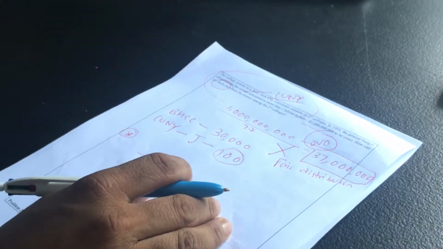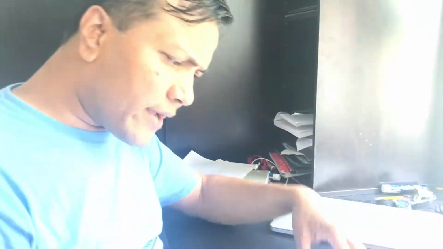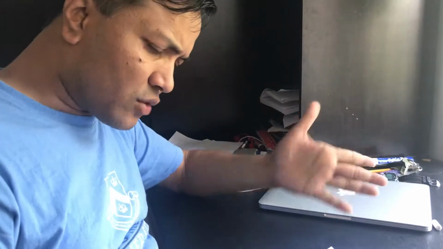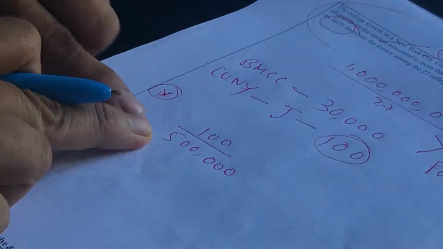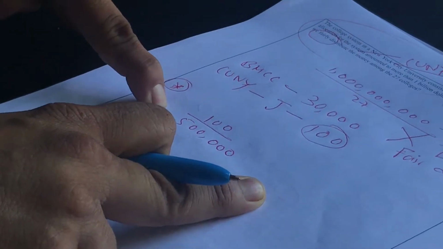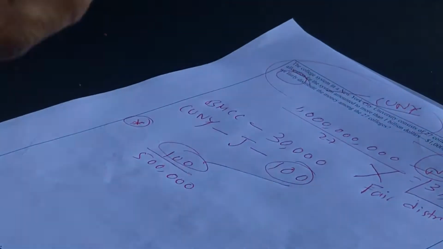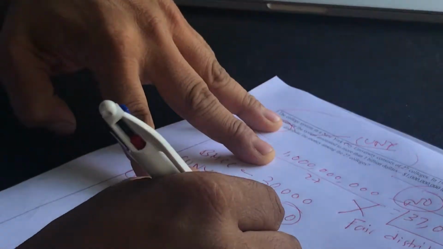I went to almost all CUNY schools, either to earn a degree or to teach, so I know CUNY. The total number of CUNY students is 500,000, and the students at the CUNY Graduate School of Journalism is 100, times 1 billion.